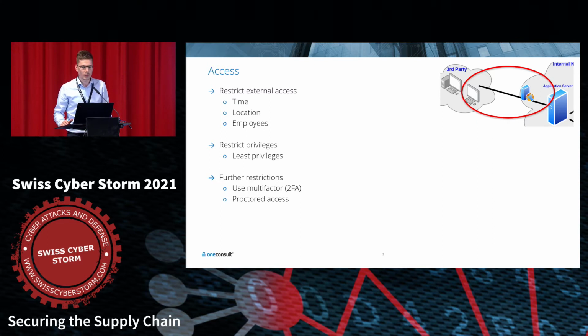There are also further access restrictions, for example using multi-factor authentication, two-factor authentication for example, and there are also possibilities for proctored access when an internal employee just watches while this external employee does his configuration or performs his stuff.